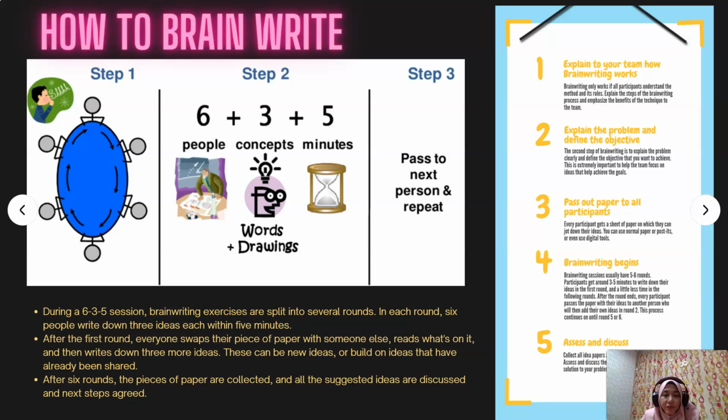So how do you brainwrite? What are the techniques? The most popular one is 635. What is 635? You have 6 people in each round, and each person needs to write 3 concepts of ideas within 5 minutes. After that, in the second round, everyone swaps their piece of paper and passes it to someone else, and the next person adds 3 new ideas, or adds on to or expands the ideas, within 5 minutes.